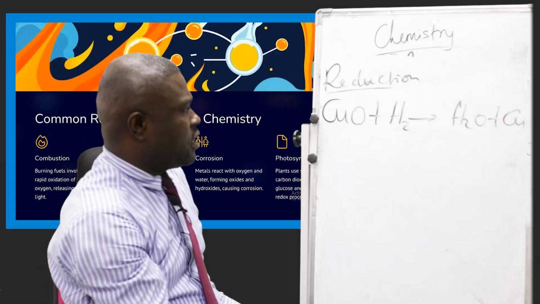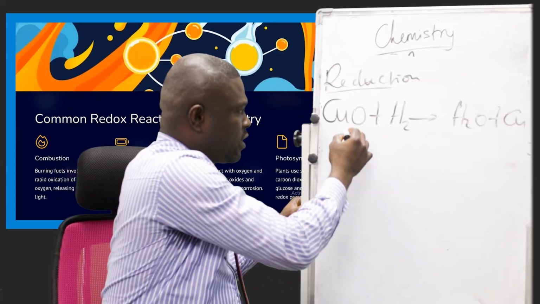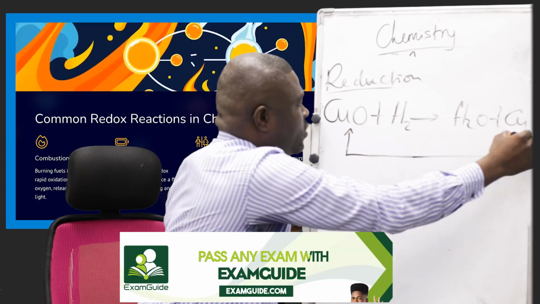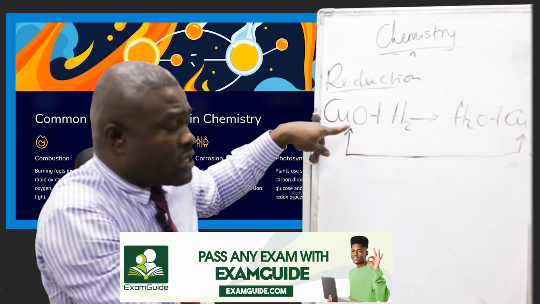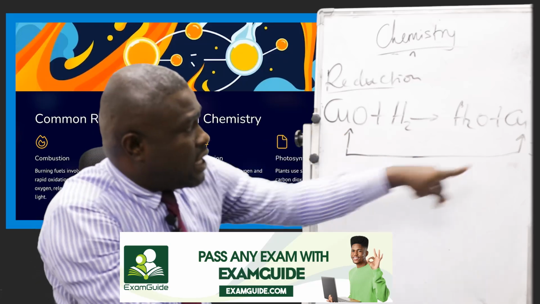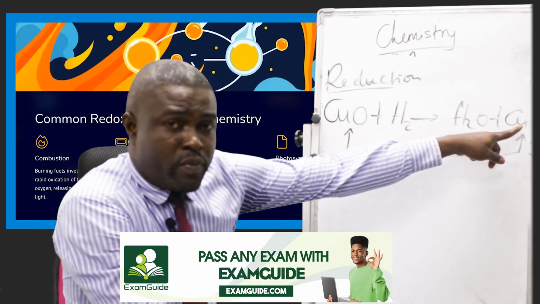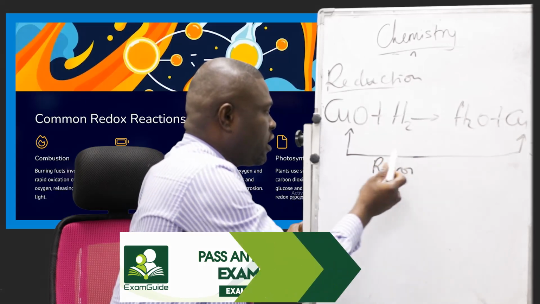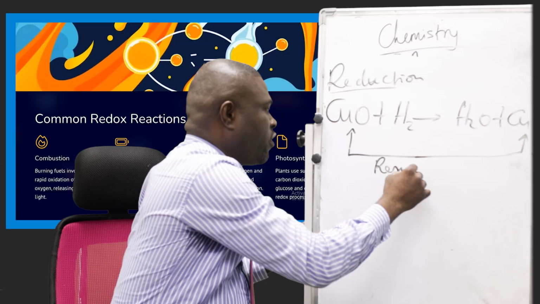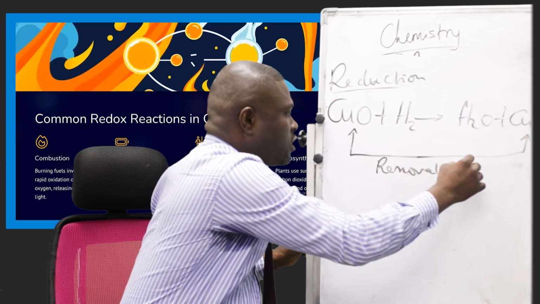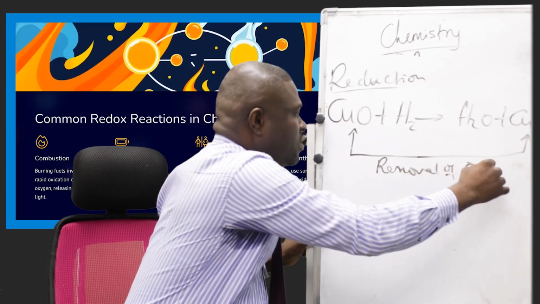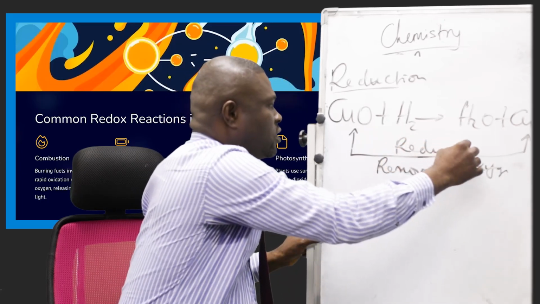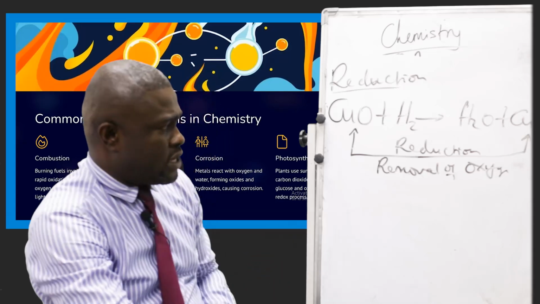A reaction started here and ended here. What happened? The original substance contains oxygen. At the end, there is no oxygen in that copper. That means there is removal of oxygen. That is a reduction reaction.